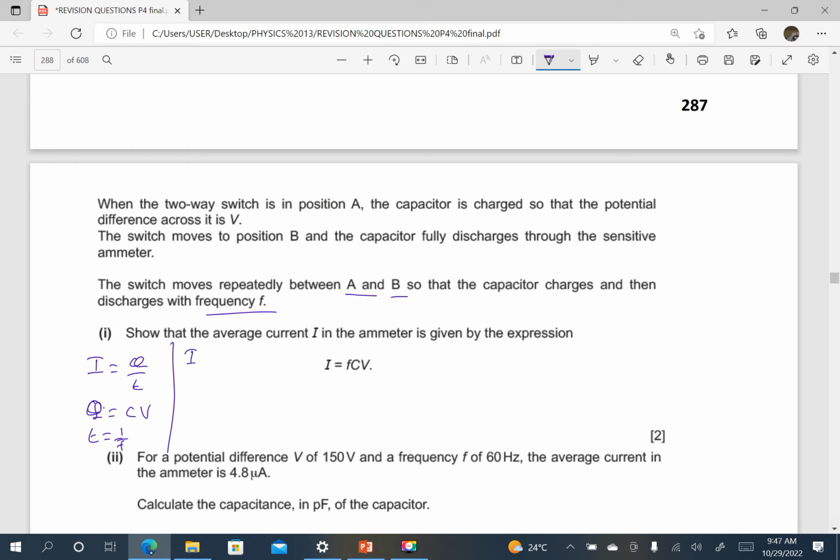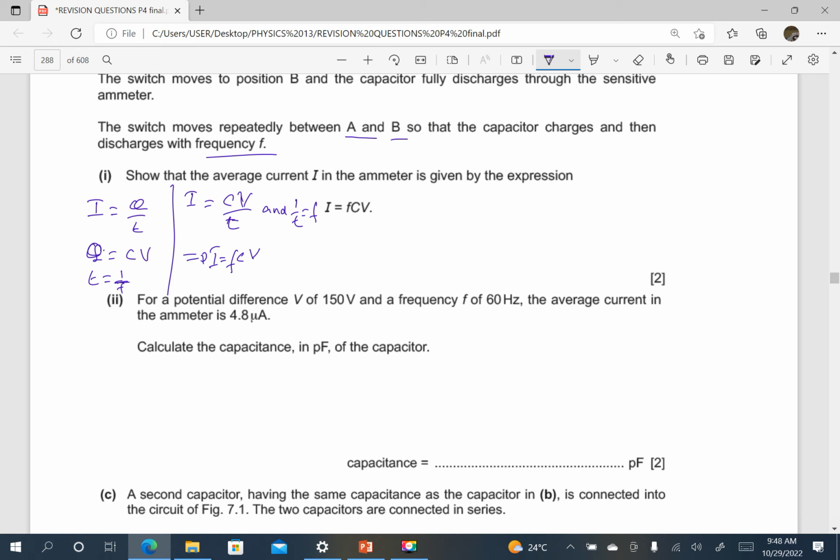So it means I is equal to CV over T. And 1 over T is F, which means that I is going to be CV times F. Since T is 1 over F, 1 over T will be F. So this gives us that.